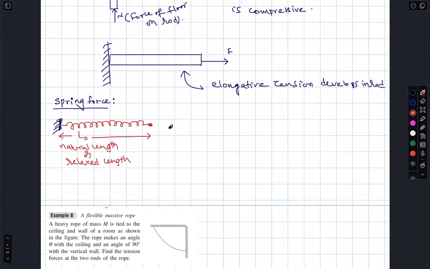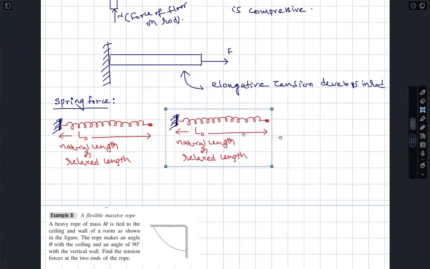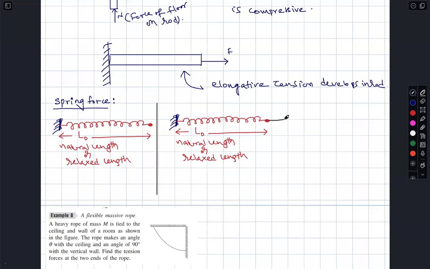Now, when you apply a force F like this, as a result the spring is displaced by some x distance.